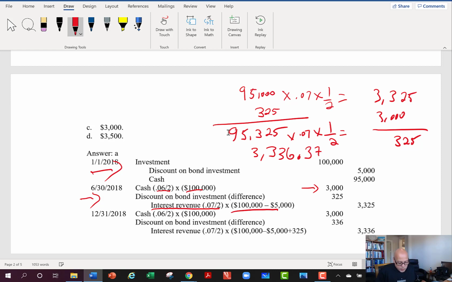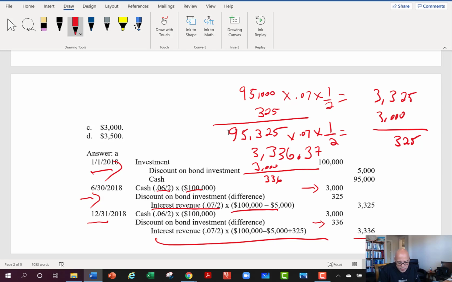And so at 12/31, what this question was asking me, again, I debit cash. The difference between the cash and this interest is the amount of discount amortization, 336 in this case. So they debit the discount for the difference, and then they credit the interest.